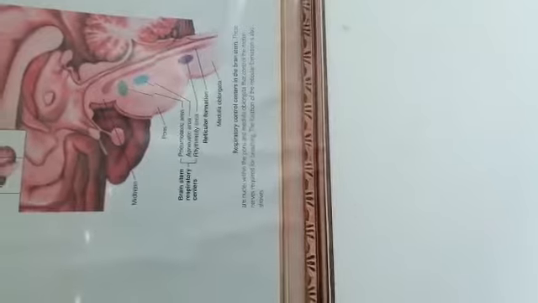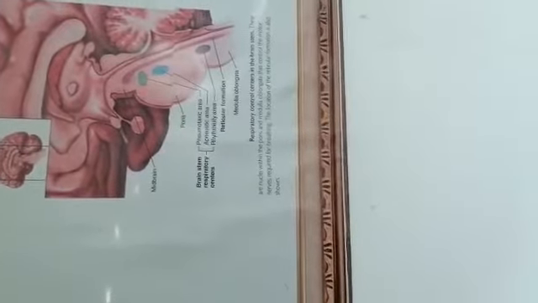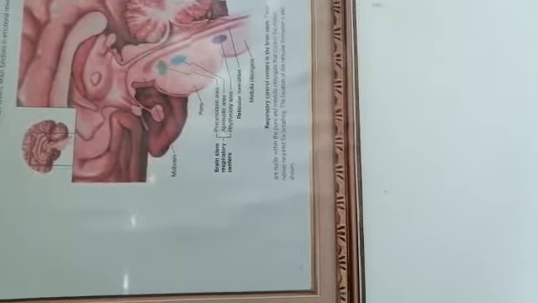Basically, the cardiovascular center in the medulla oblongata receives the impulses from the baroreceptors. Baroreceptors are the receptors which are located at the site of the bifurcation of the common carotid artery as well as the aortic arch, and these receptors are sensitive to the pressure changes in the blood pressure.